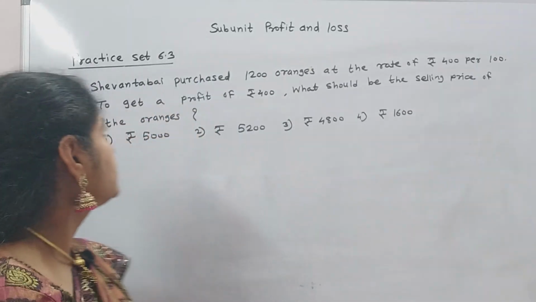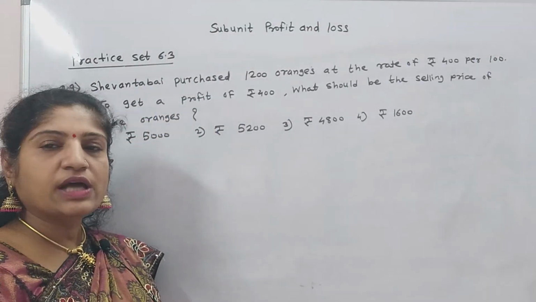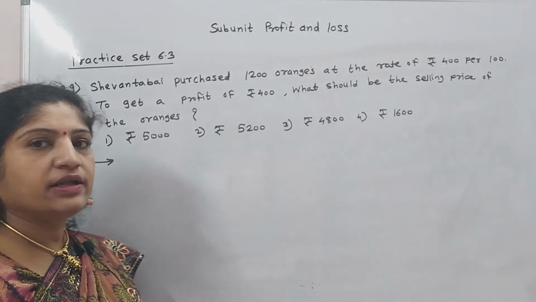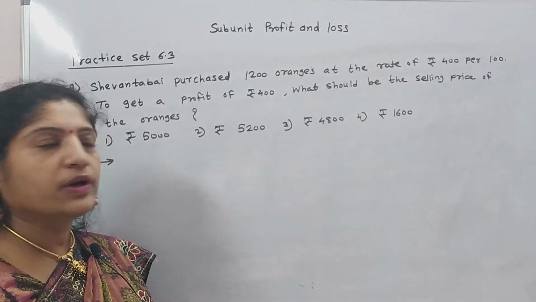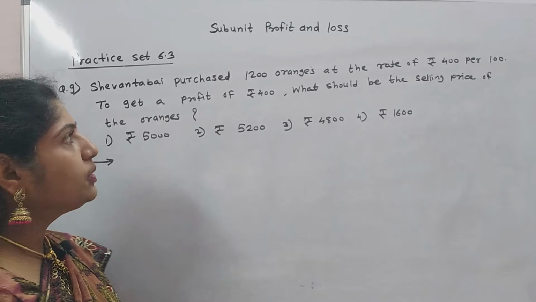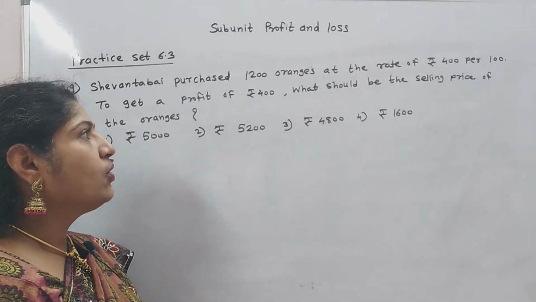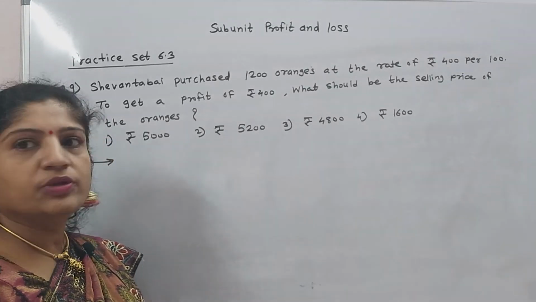Next example is Shevantabai purchased 1,200 oranges at the rate of rupees 400 per 100. To get a profit of rupees 400, what should be the selling price of the oranges?